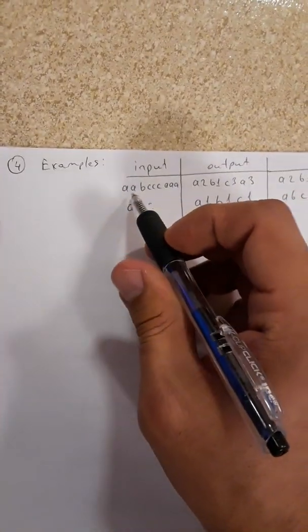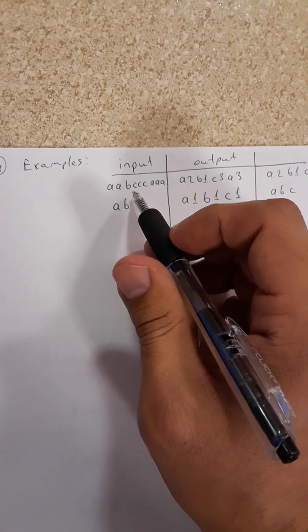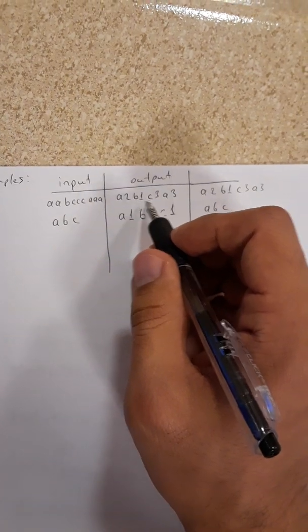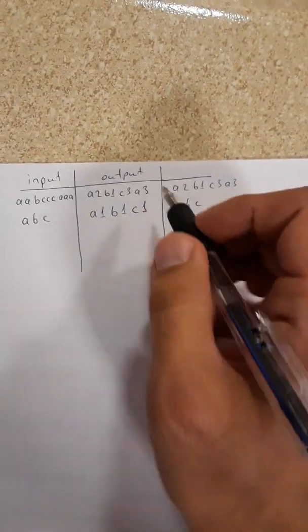For example, we have this input string with AA, B, 3 C's and 3 A's, and the output should be A2, B1, C3, A3.